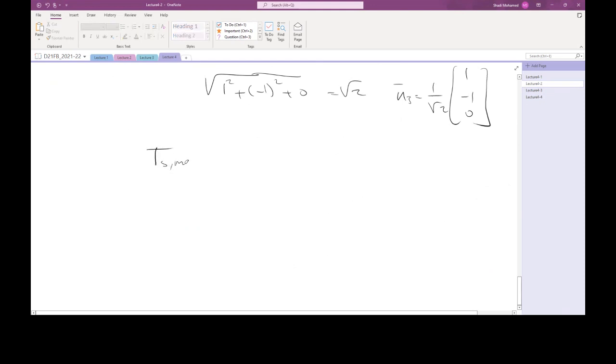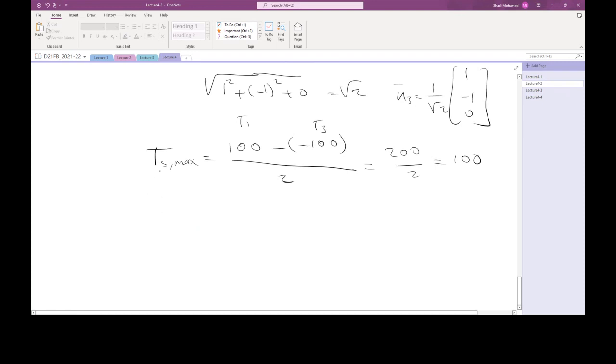Ts max is going to be 100 minus 100, this is T1, this is T3, divided by 2. This is basically 200 divided by 2, or basically 100.